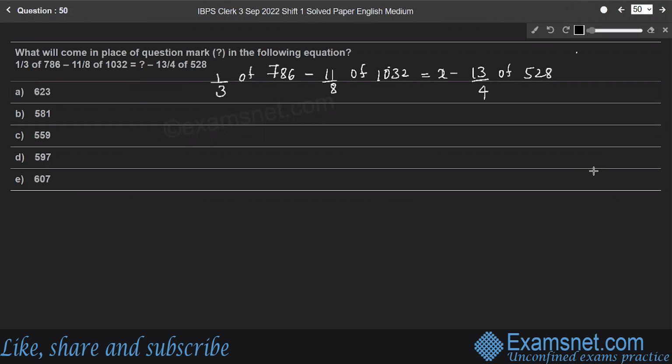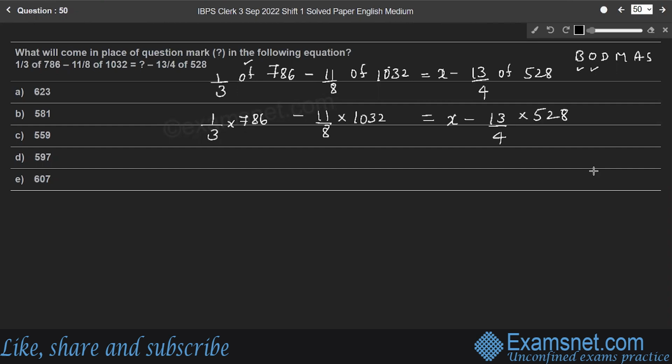Again, we are following BODMAS rule. So there is no bracket to remove here. So next is of part. 1 by 3 of 786 is 1 by 3 into 786 minus 11 by 8 into 1032 is equal to x minus 13 by 4 into 528.